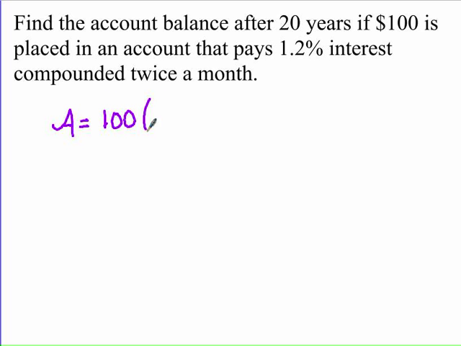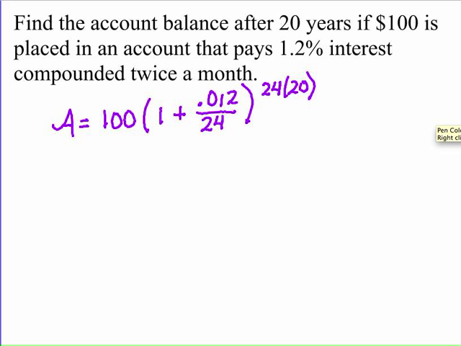Okay. 1 plus, what will be my rate? 0.012 over 24, because twice a month means 24. Okay, my power will be 24 times 20. So remember what I said, very first thing you're going to do, 0.012 divided by 24, add 1.